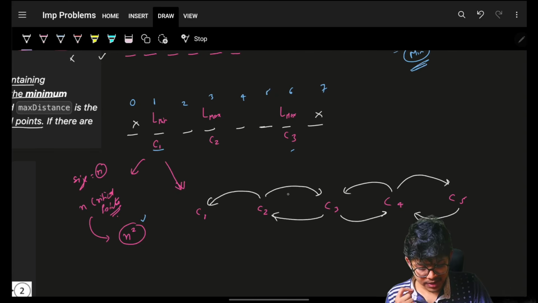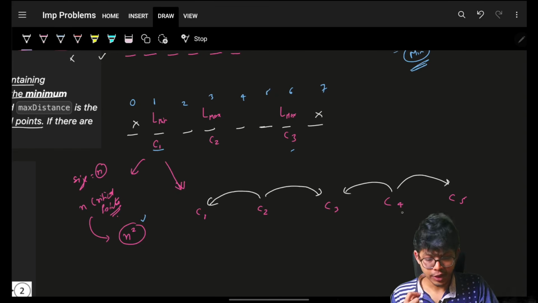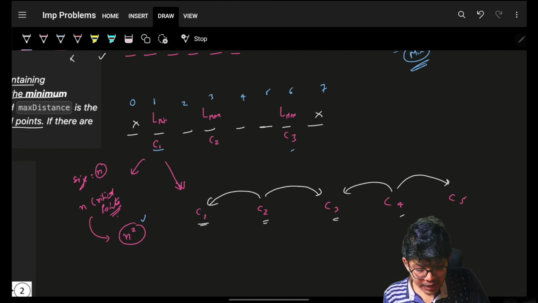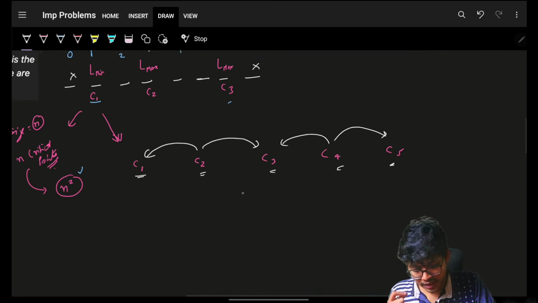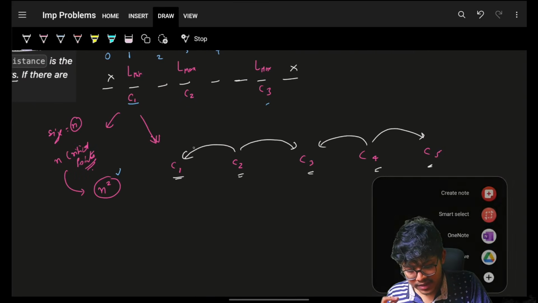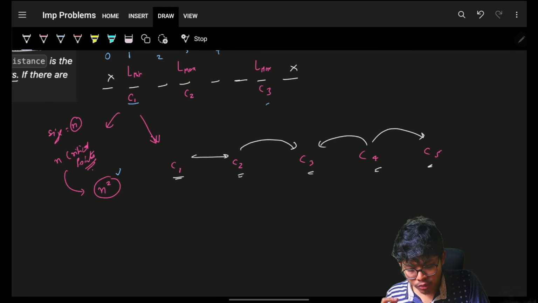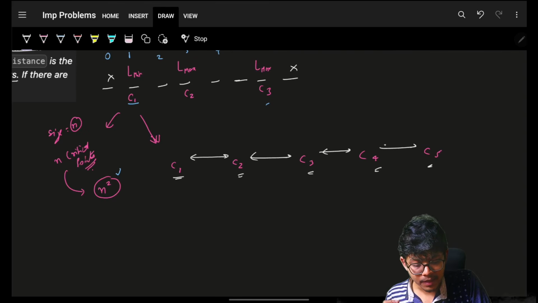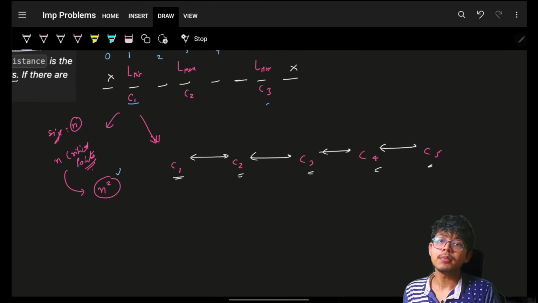So ultimately it is repeating, so let's remove it. Ultimately we realized that we are trying to take the distance between every two consecutive critical points, and that is the candidate in minimizing our minimum distance.